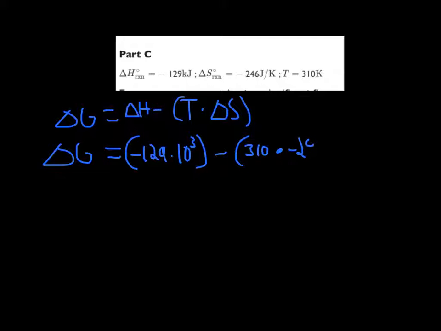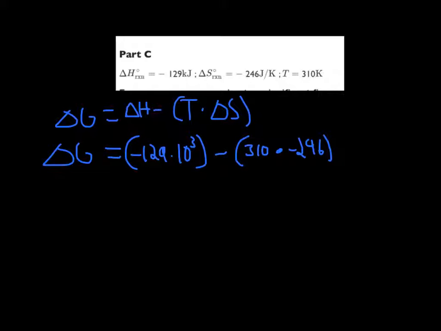negative 246. Now if I have your attention real quick, be careful. Sometimes it'll give you a temperature in Celsius, and if the enthalpy and entropy are in terms of Kelvin, it won't work. All the units need to cancel out. So make sure that if it's in Celsius, just add 273 to it.